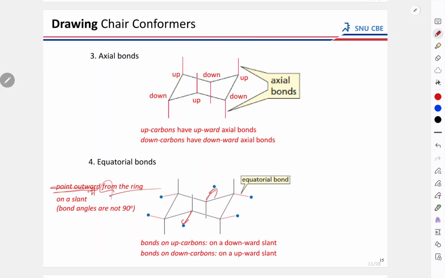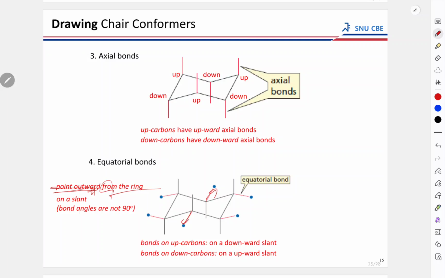Okay, so you should draw the equatorial bond pointing out of the ring on a slant, and there's an additional rule, right? For the equatorial bonds on up carbons, the slant should be downward. Okay, so you have, for instance, here the up carbon, and up carbon, right?